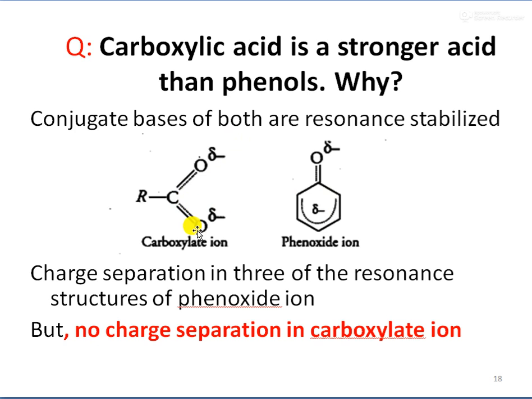In the carboxylate anion as well as in the phenoxide ion, there is resonance stabilization. But in the phenoxide anion, a few of the resonance structures have a charge separation. Whereas in the case of the carboxylate ion, there is no charge separation.